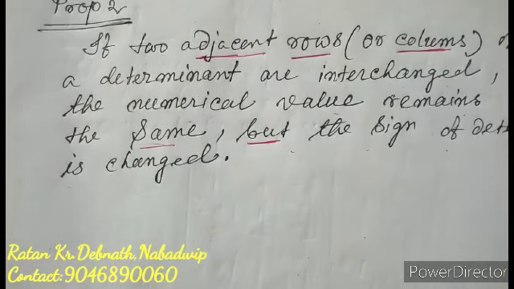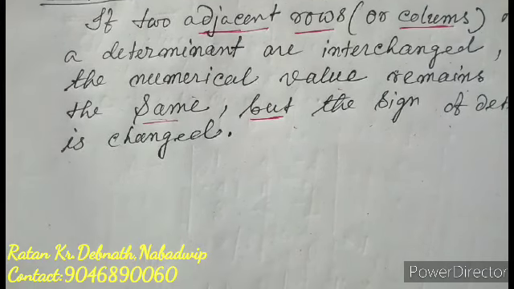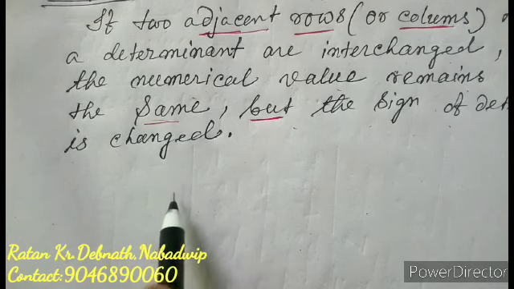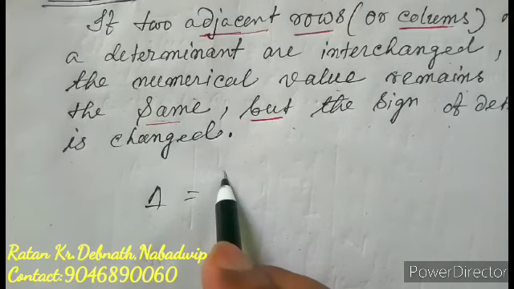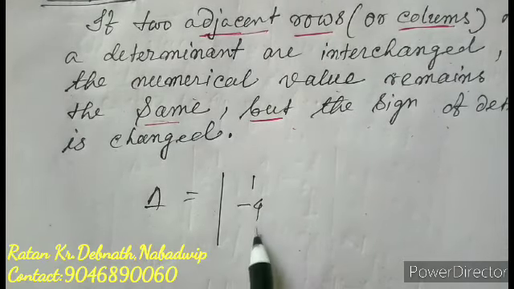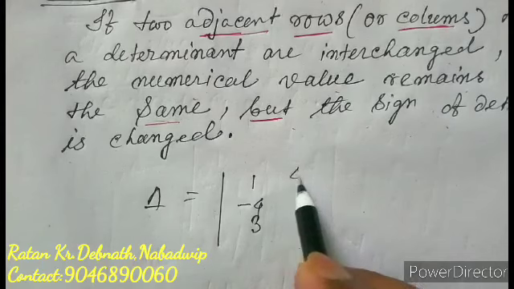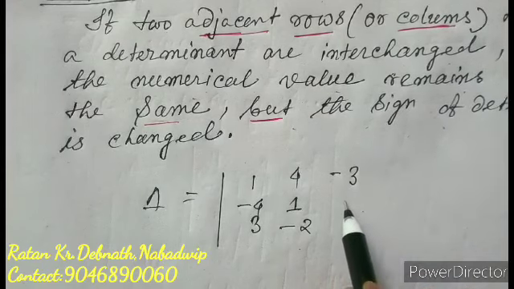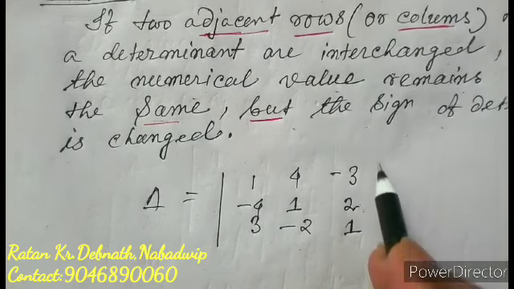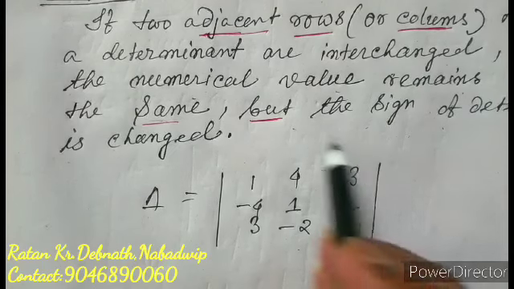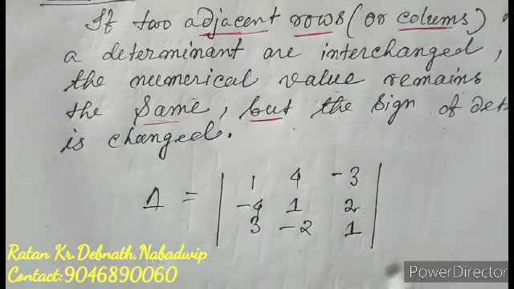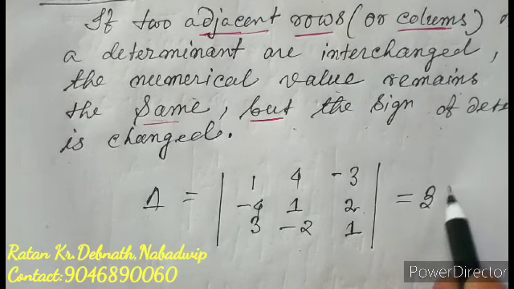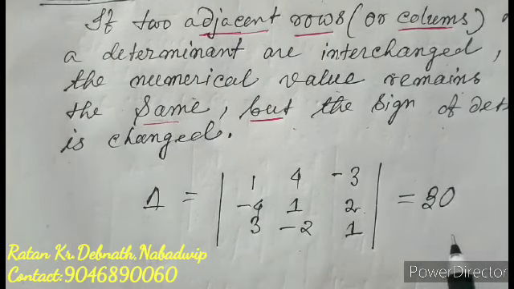In order to understand this second property, if I write the example from the previous sum, delta equal to 1 minus 4 3, 4 1 minus 2, minus 3 2 1. You can remember, by expanding this determinant we got 30. So the value of the determinant is 30.